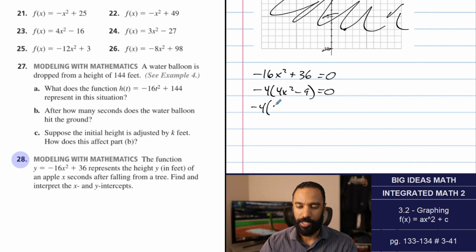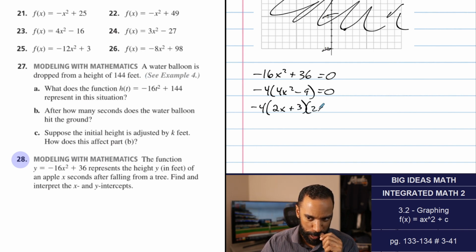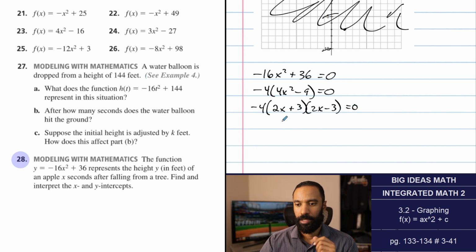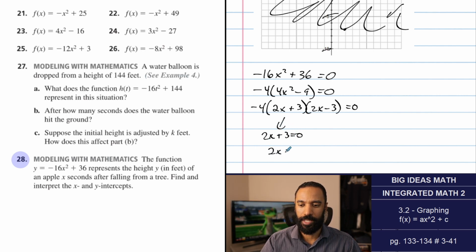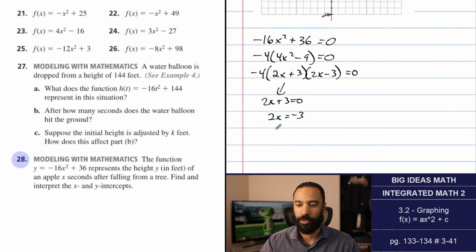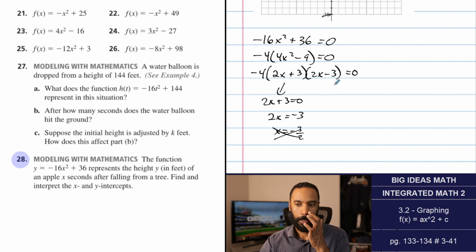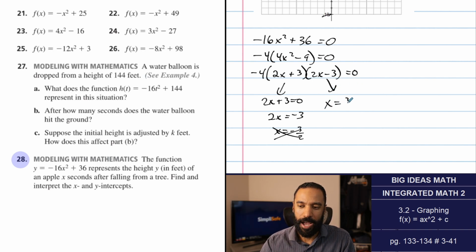That's a difference of two squares that factors into 2x plus 3 times 2x minus 3. If 2x plus 3 equaled 0, 2x would equal negative 3, and x would equal negative 3 over 2, which is time before it dropped. But here, x would equal positive 3 over 2, which is 1.5 seconds.